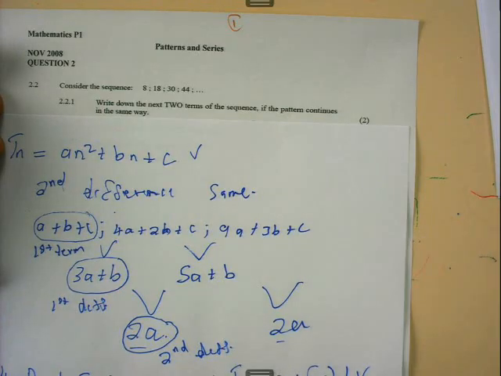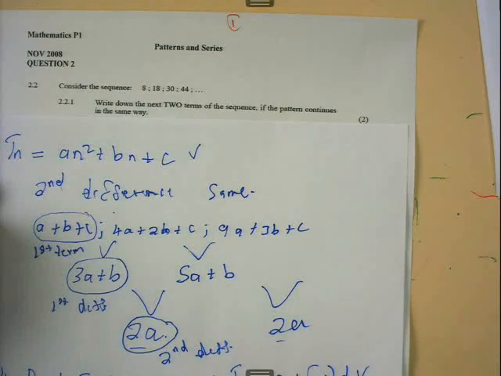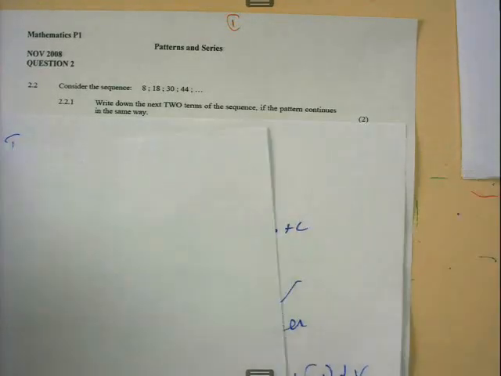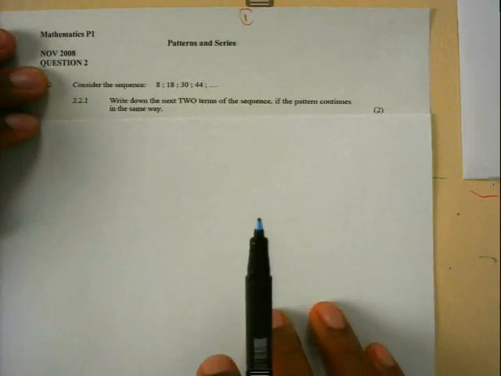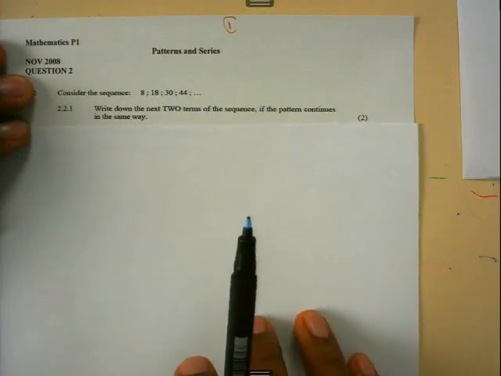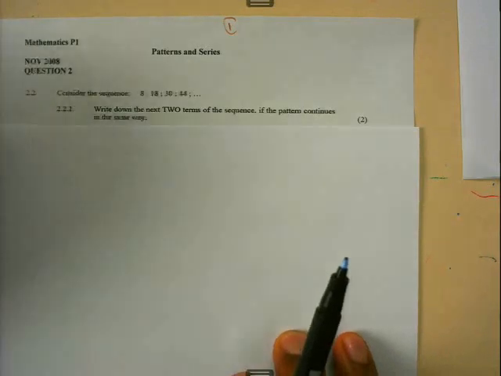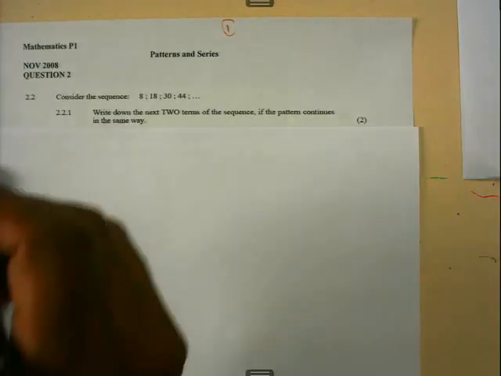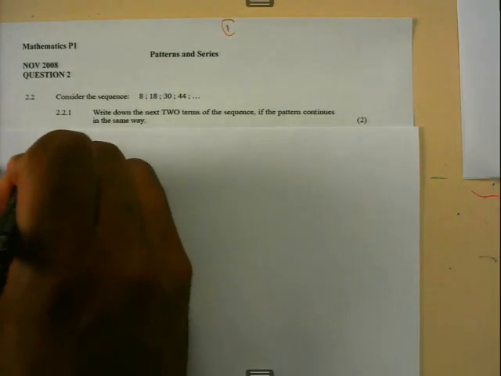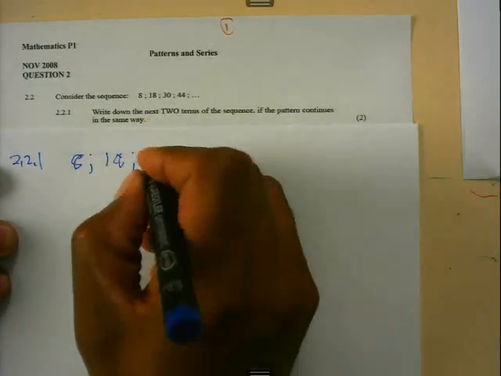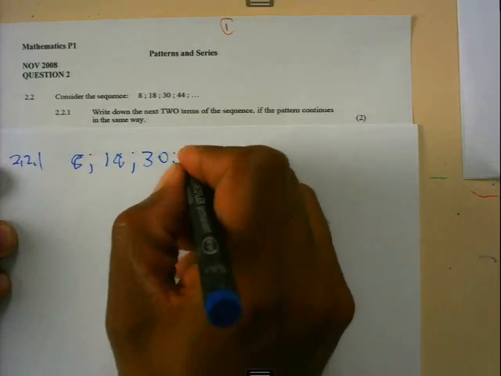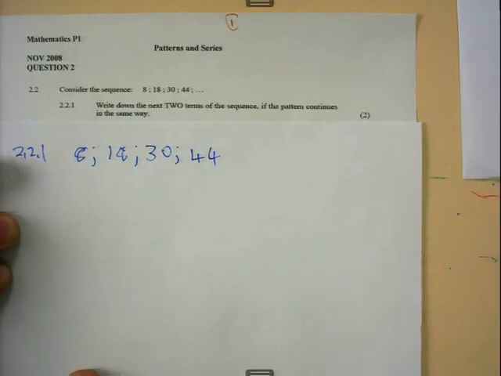Right, boys and girls, you agree with me that this question will be easy for you to solve. Remember I said the first thing we need is to identify what type of sequence this is. Is it quadratic, arithmetic, or geometric? For 2.2.1, you are given 8, 18, 30, as well as 44.